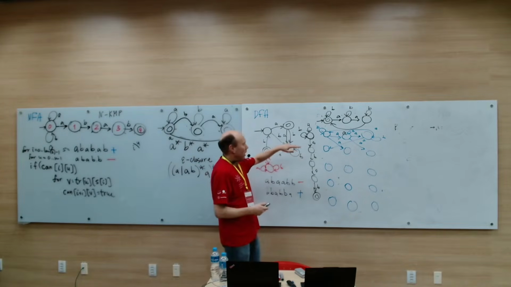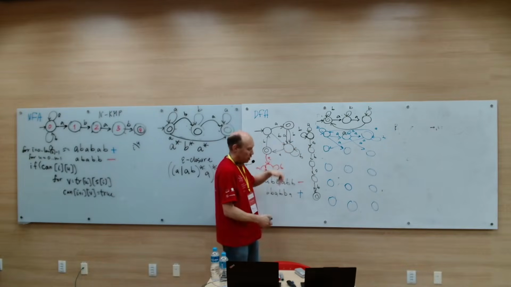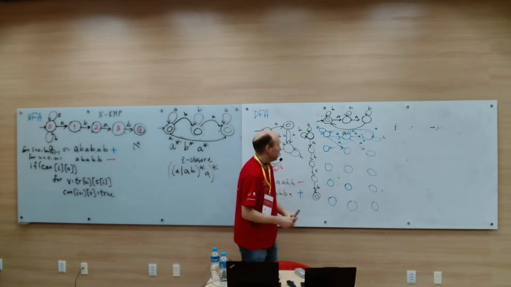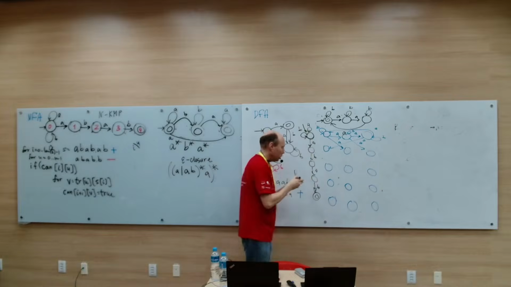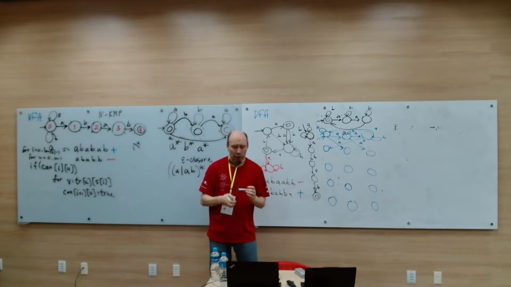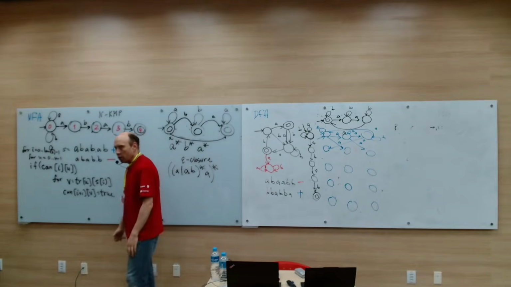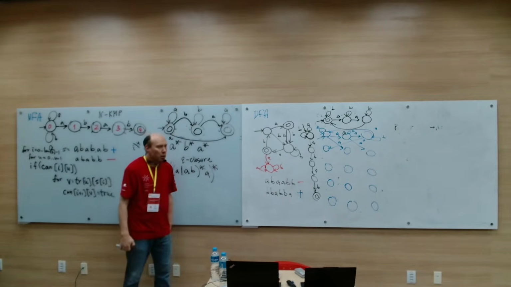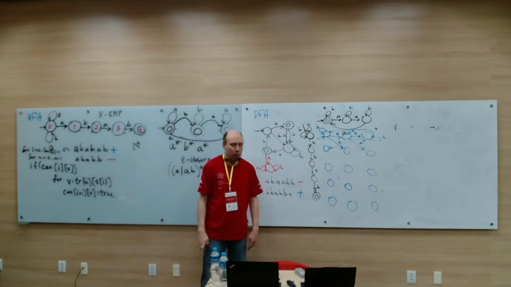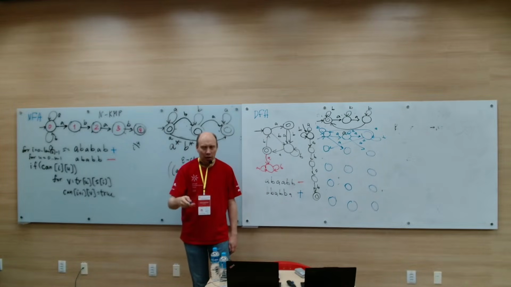So now, what about the initial state? The initial state is clear. Initially, we are in the initial state in the first automaton, and the initial state in the second automaton. And for the final state, that depends on what we want to check. As I said, we keep track of both automatons, what is going on there and what is going on there, but what do we want to get?